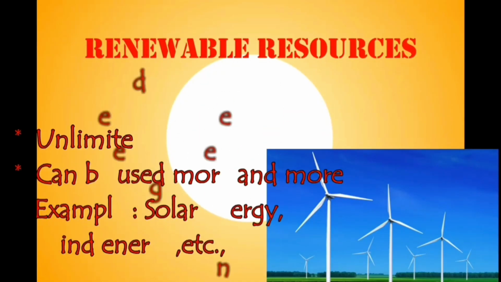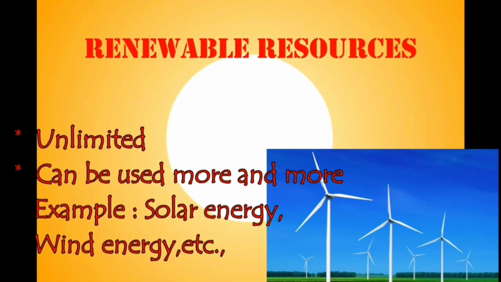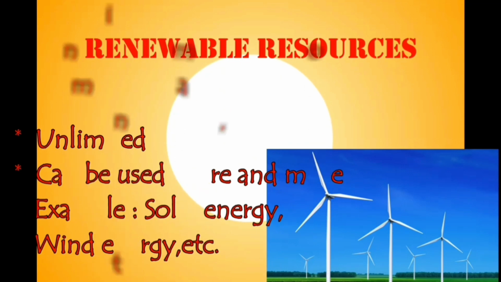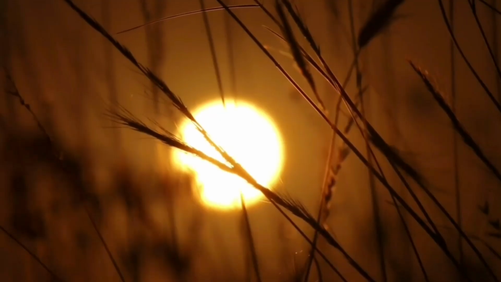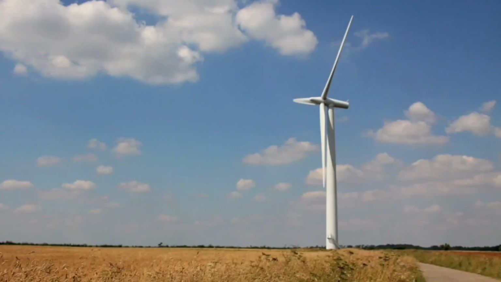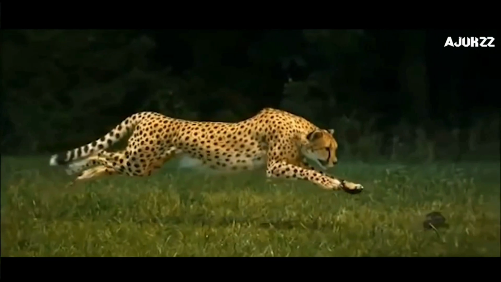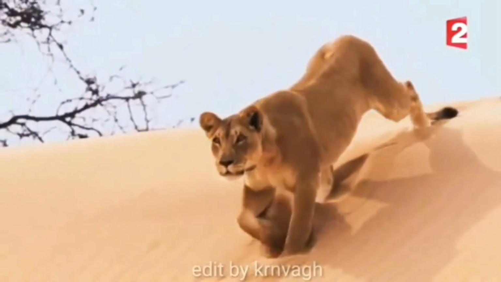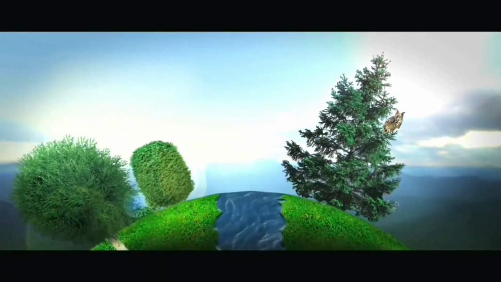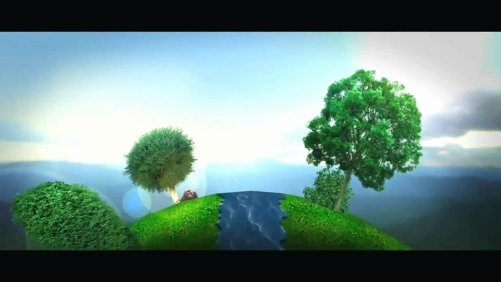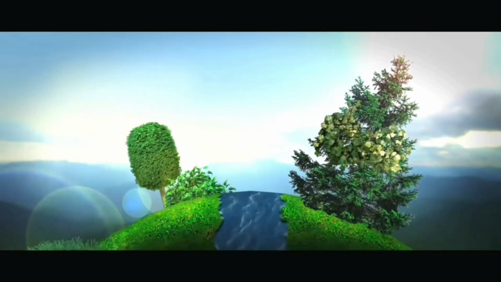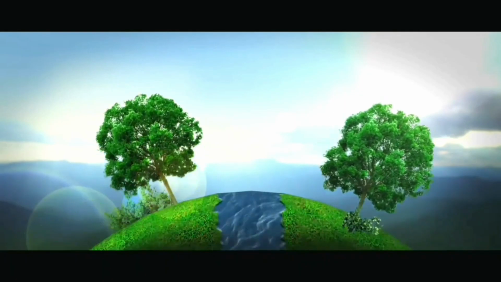Resources which will never get exhausted and can be used more and more are called renewable resources. Resources such as solar energy, wind energy, wildlife, etc., fall into this category. The renewable resources may further be divided into continuous or flow.